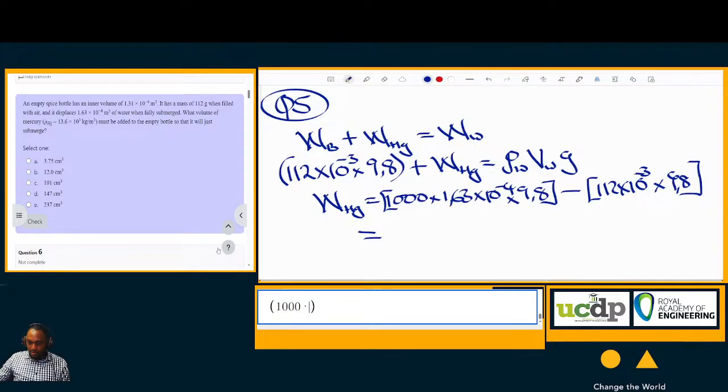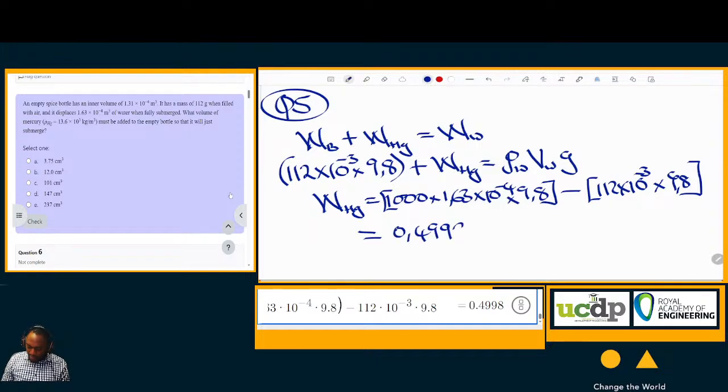So 1000 times 1.63 times 10 to the power of negative 4 times 9.8, minus 112 times 10 to the power of negative 3 times 9.8, gets a value of 0.4998 newtons, right?